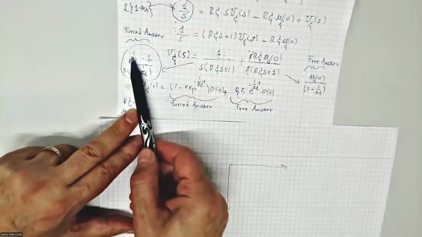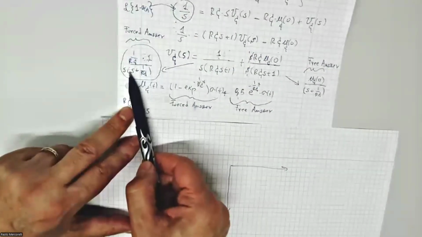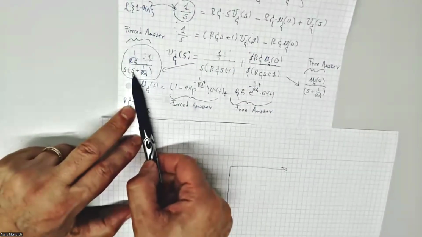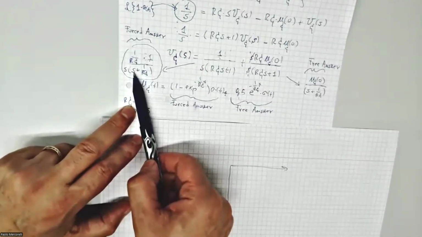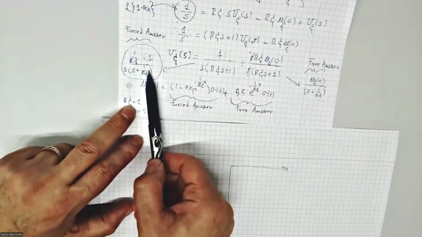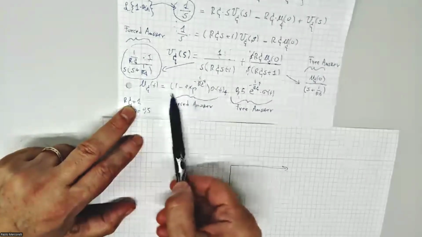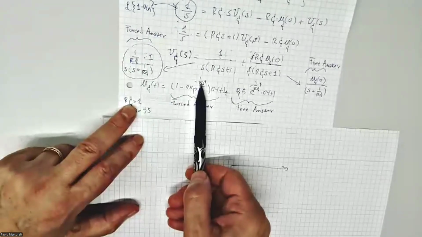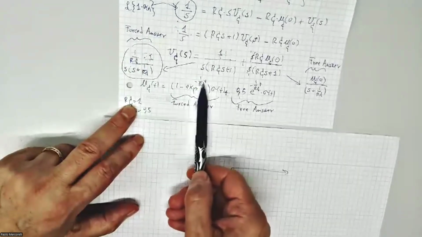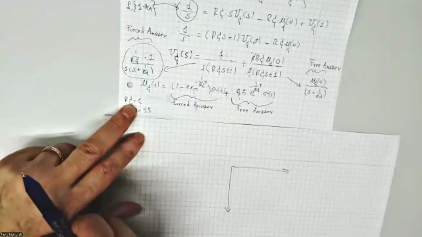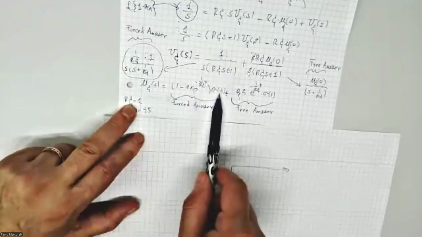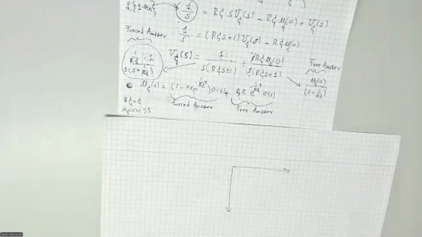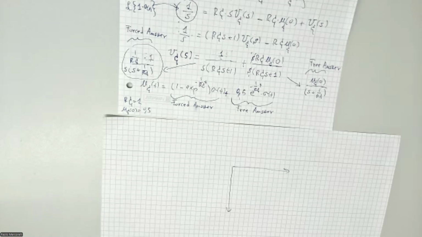Do you remember it was A, S, parenthesis, S plus A, instead of S, I wrote A. And we have seen that we have 1 minus exponential function minus A t, in which A is in our case 1 divided by RC, the fourth answer with respect to sigma. Please pay attention, in the table you can see sigma everywhere. Why that? Because sigma is defined exactly inside the domain of the definition of the Laplace.